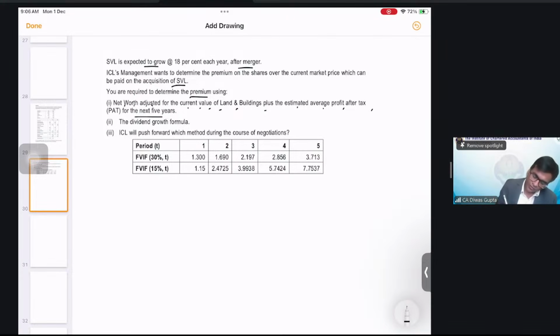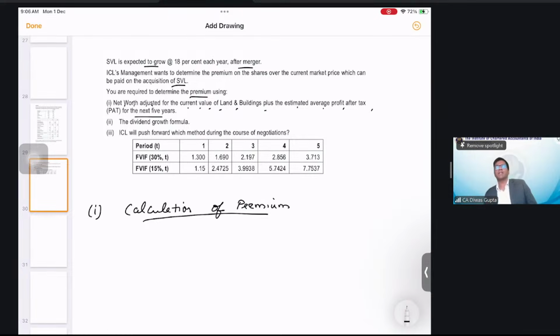So let's first of all start with the premium calculation. Calculation of premium means what extra you will pay over and above the market price. The market price is already given to us, right? So that will depend on how much value we are getting.